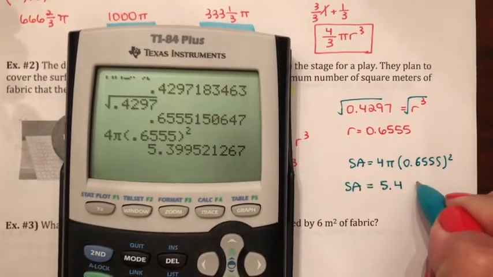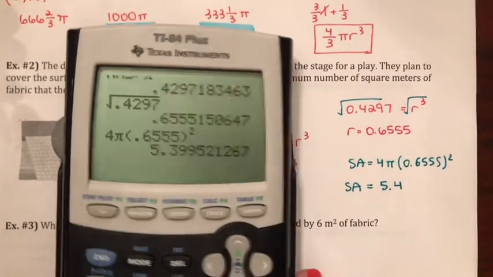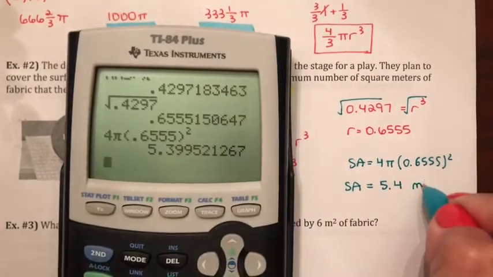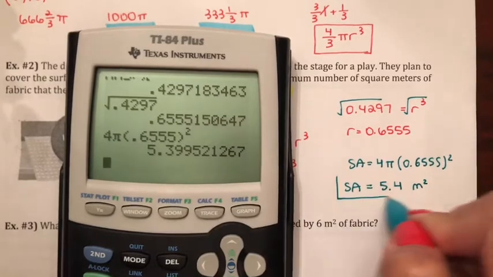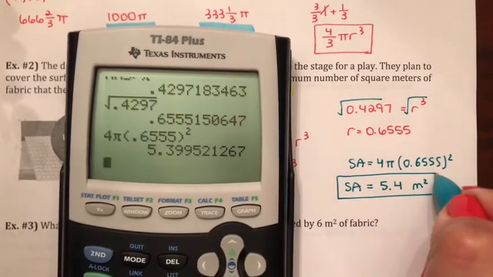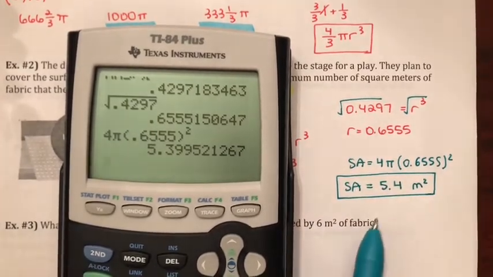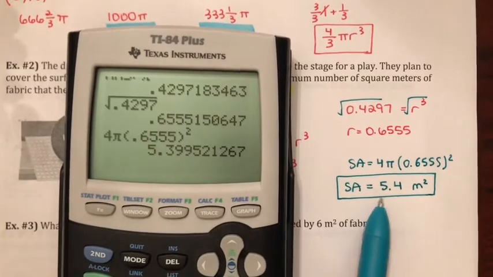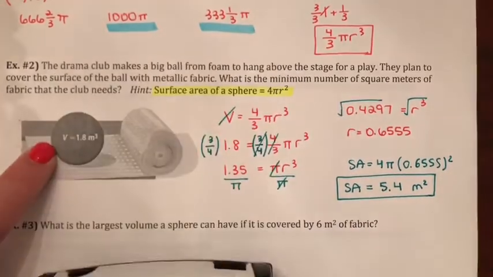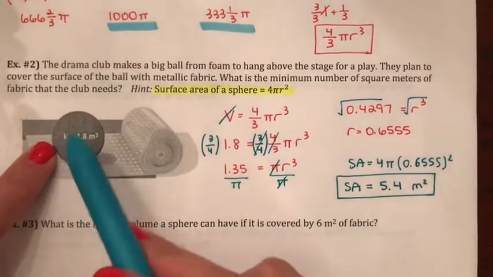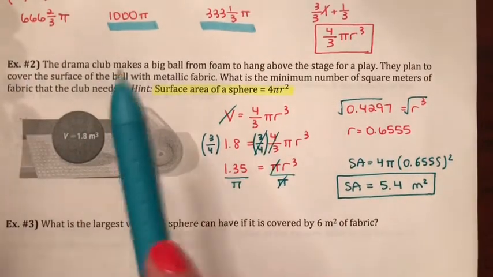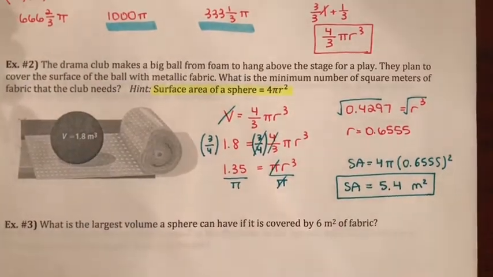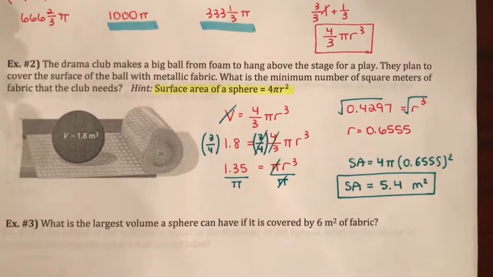So the units are going to be meters squared. They're square units. We're not talking about volume here. It's not the depth or the amount of space that this takes up, but rather just how much actual surface is around the outside, okay?